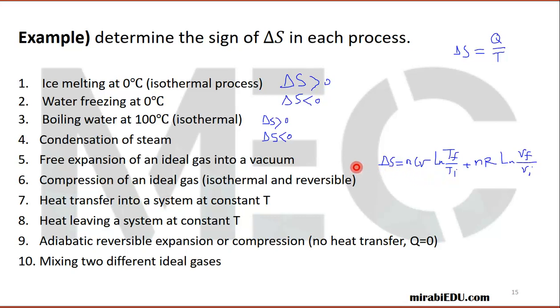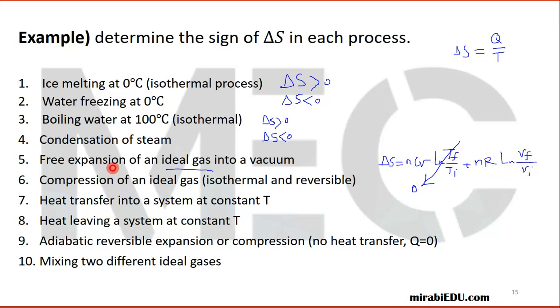Delta S of ideal gases is related to this formula. Free expansion of ideal gases is usually isothermal, so this term goes away, which means T final over T initial is 1, ln of 1 is 0, so only ln of V final over V initial will remain.